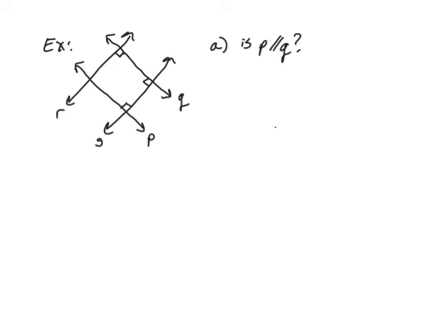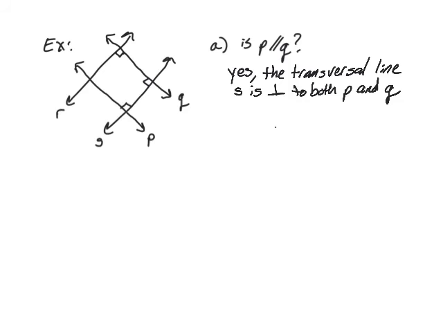Well, with P and Q, we have a transversal here, and this transversal is perpendicular to both of them. So yes, because the transversal line S is perpendicular to both P and Q. I believe that was our second theorem.